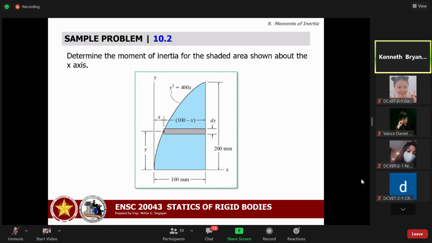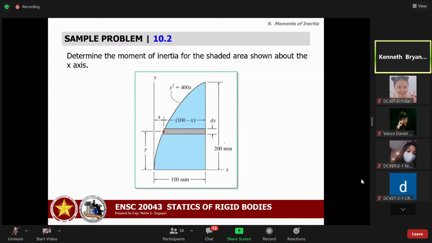Then, this point here is arbitrary, with coordinates x and y. If we choose a rectangular strip like this one, the height is dy and the length will be, since the base is 100 and this distance is x, so natira is 100 minus x.